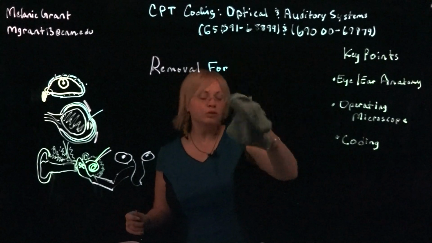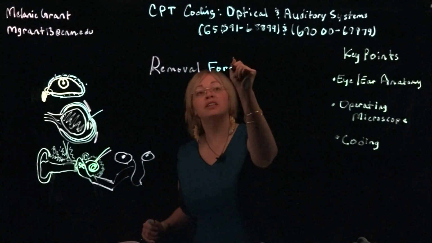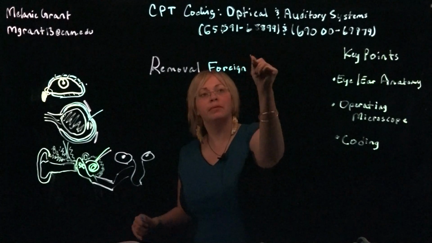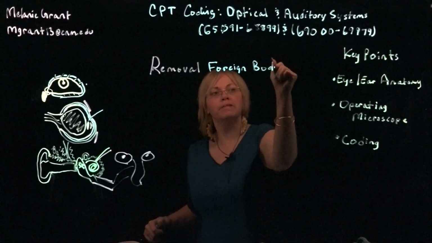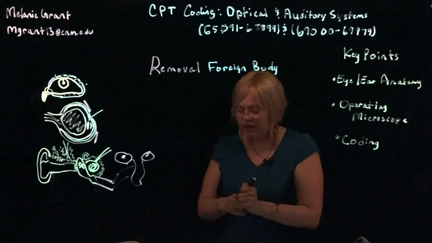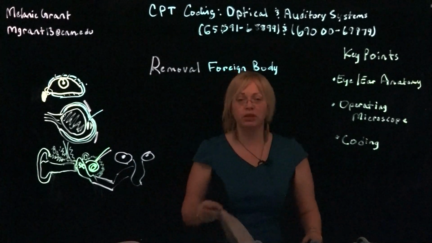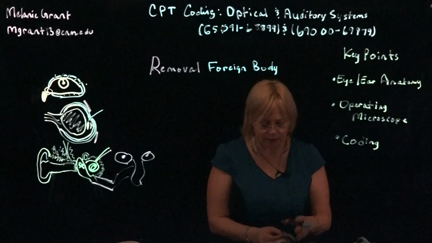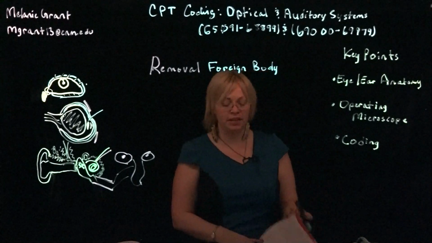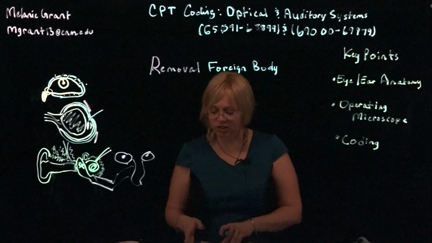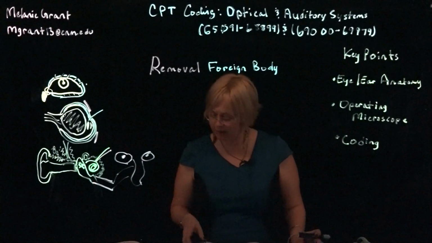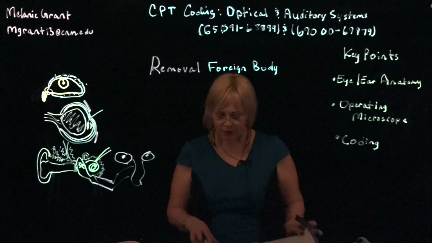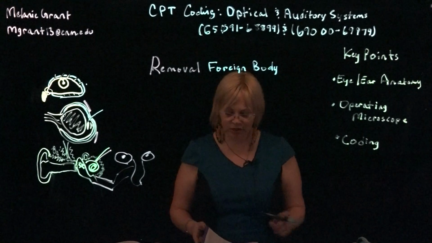It's one of those weird words like weird where I does not come before E. Okay, and so when we're looking in our alphabetical, we want to be looking for removal of a foreign body from the eye. And we want to keep in mind the layers of the eye, so the conjunctiva is the outer layer of the eye, and it was superficial, so it did not embed further into it.